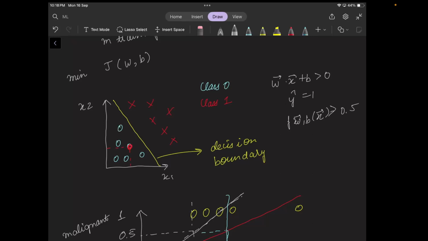Now if w dot x plus b is greater than 0, it means that w1 x1 plus w2 x2 plus b is greater than 0. Now if I try to make it equal to 0, I get the boundary. Now when it is equal to 0, I would get a straight line.